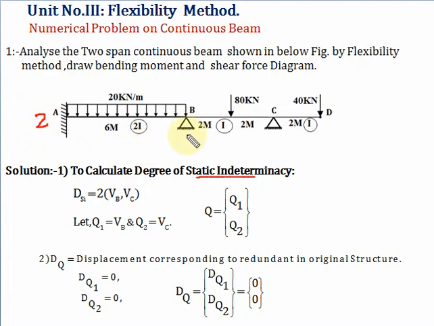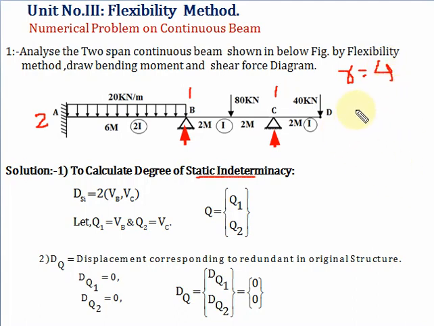At support B, though there will be 2 reactions, we are neglecting the displacement in x direction, so there will be only one reaction, that is vertical reaction at B. At C also there will be one reaction, though there is a hinge support, that is vertical reaction at C. So total number of reactions here will be equal to 4.